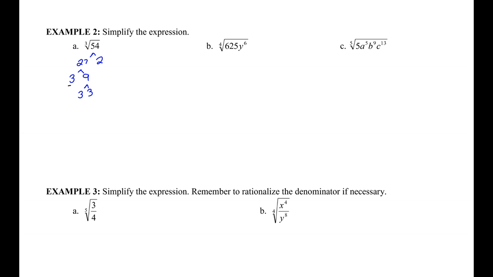So I'm looking at the bottom of my trees, and because this is a cubed root, I'm looking for 3 of the same number. So I have 3 3's, but then notice that we have this 2 left over. So the 3 comes out, but I'm still left with the cubed root of 2.